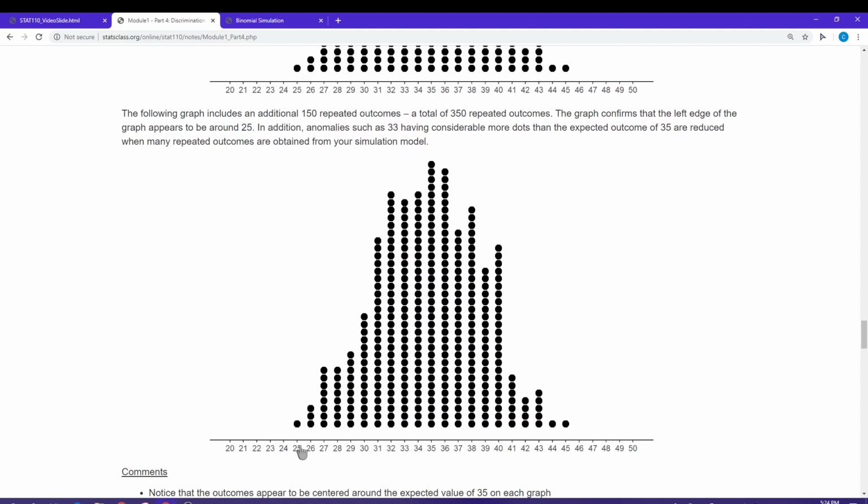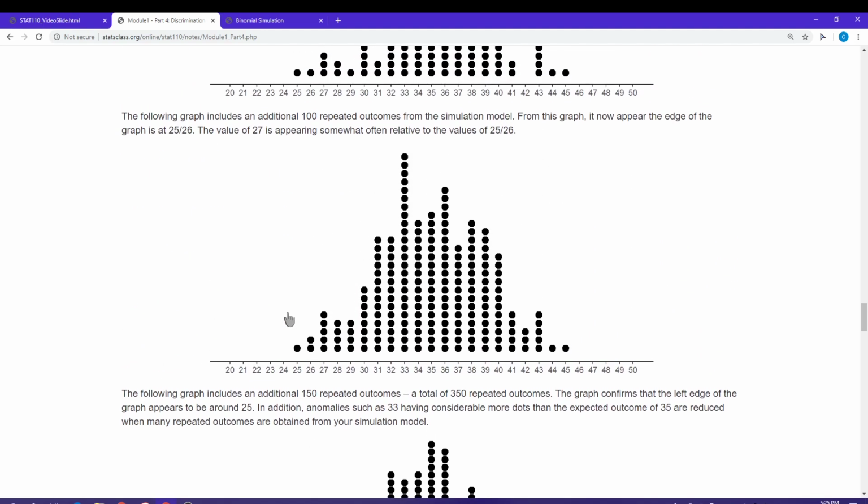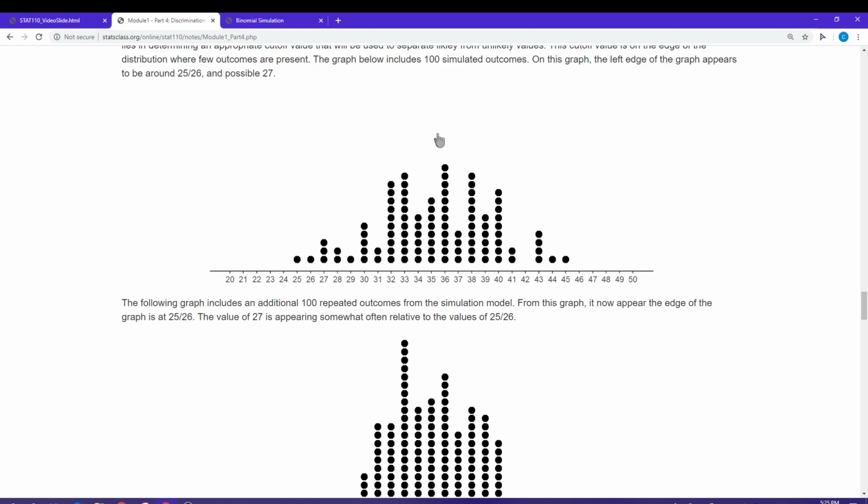Again, right around 24, 25, maybe 26 is unlikely there. I only got 26 3 times here. So as I allow the simulation app to get me more and more dots or repeated outcomes, I am going to become more and more confident on where the edge of this distribution is at.